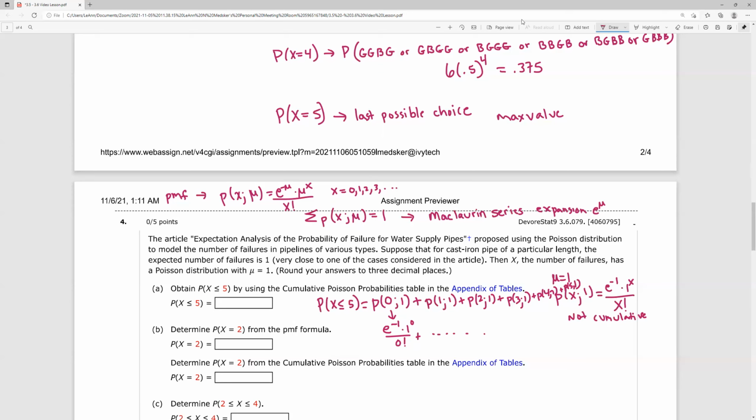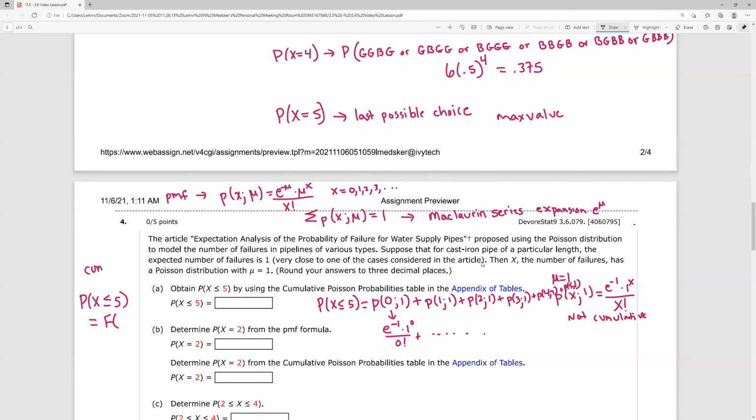Now, if you have the cumulative Poisson probability table, what you can do instead is convert this to the correct notation for that. So probability of x being less than or equal to 5, when we look at it on the table, it's called the capital F, and then it's our cumulative function, essentially.